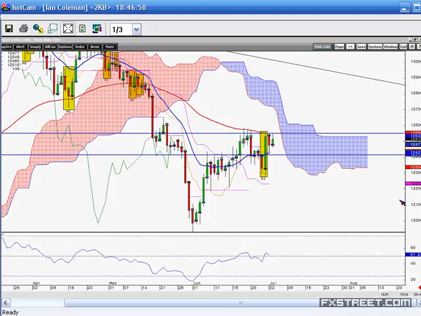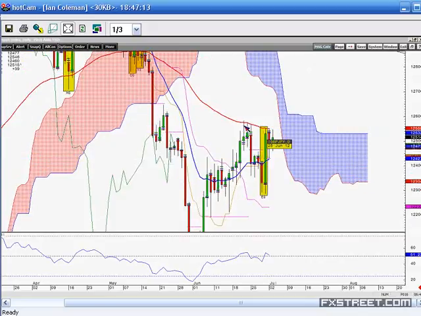Let's just take that off for a minute. Again, 1, 2, 3, 4, 5 times she's used that exponential moving average as resistance, okay? And then she used it as support yesterday. Now, what was yesterday's low? Yesterday's low was 124.32.